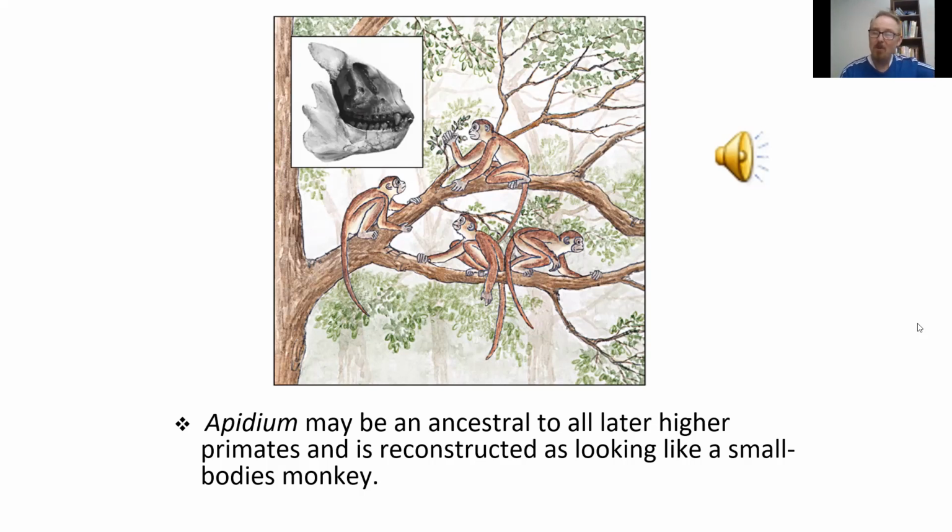Then South America moves away and develops all of the real monkeys. Well, how does that become us? And in the deposits right on top of it become another transitional form that moves away from Apidium, which we call Egyptopithecus, where the tooth loss has occurred.